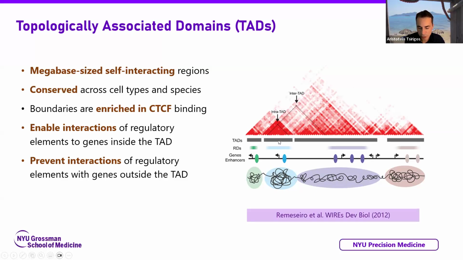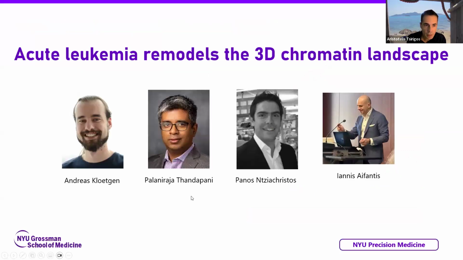And this is important because, as you can imagine, a certain gene needs to talk and interact to a certain set of regulatory elements in a given cell type, and it should not be allowed to be regulated by regulatory elements that are outside its domain. And these domains can be cell type specific. They don't necessarily have to be invariant across all cell types. So that's the basic idea.